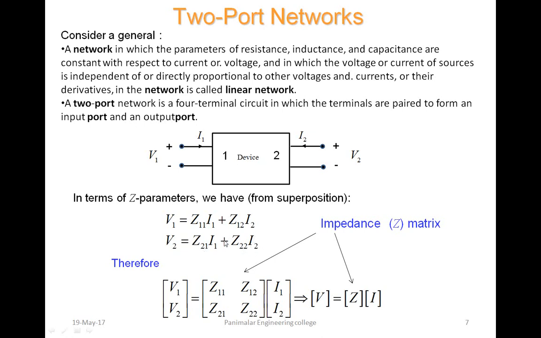Z21 is the impedance value obtained at port 2 with the help of port 1, and Z22 is the impedance at port 2, and the corresponding currents are I1 and I2.